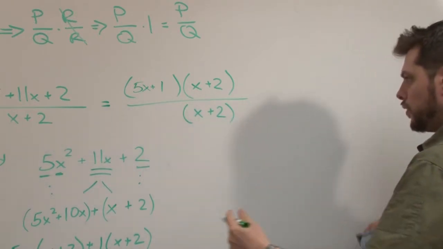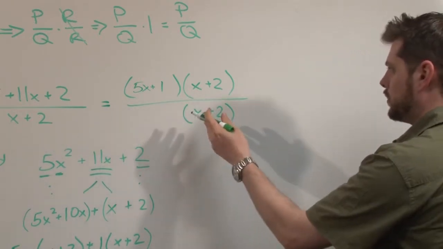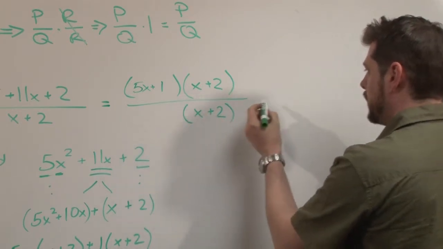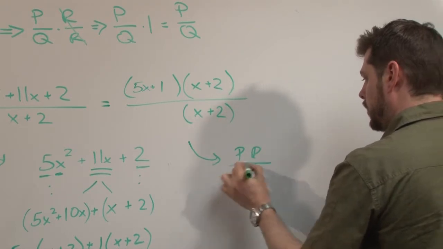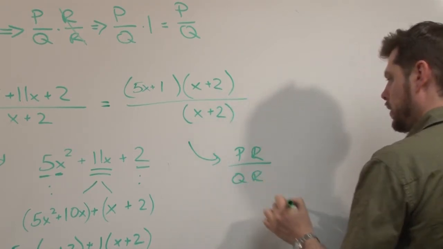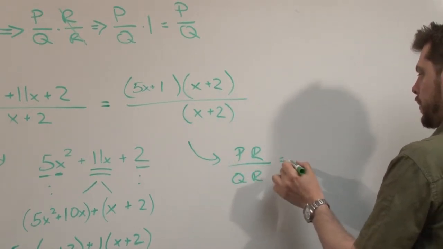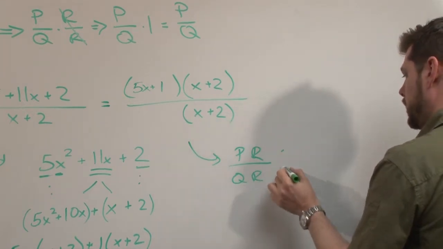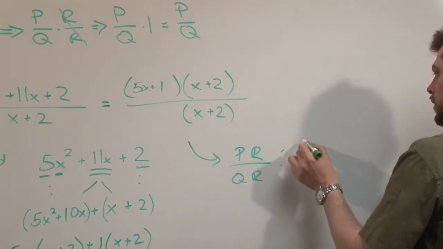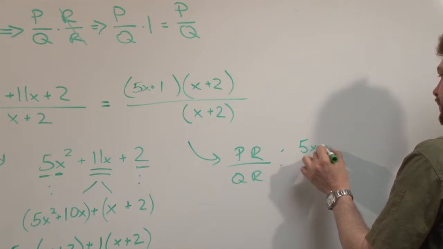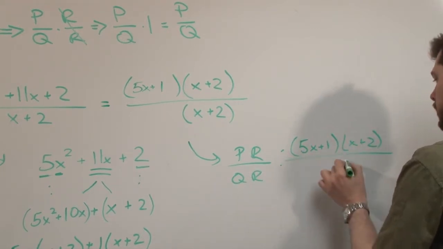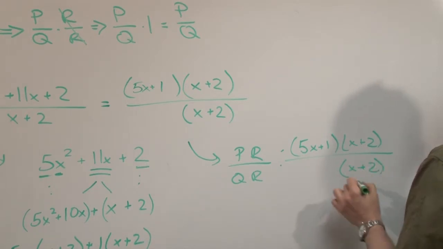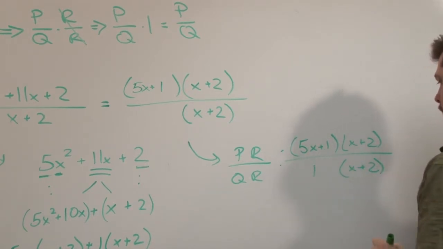All right, so a really long way of getting to what we're after, which is that we've got our P and our R and our Q and our R, don't we? Our P in this case is 5x plus 1, x plus 2 is our R, the R in the denominator is the same, and our Q is just 1. Okay?